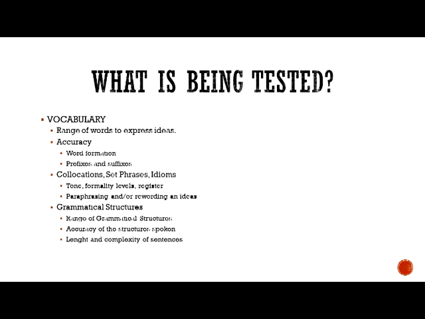Okay? The other aspect that is being evaluated is your grammatical structures. Once again, what's the range of grammatical structures that you can manage, and what's the accuracy of those structures when you're speaking? There are different issues here, but one thing they really look into is how well you use your sentences. Okay, the length and complexity of your sentences.